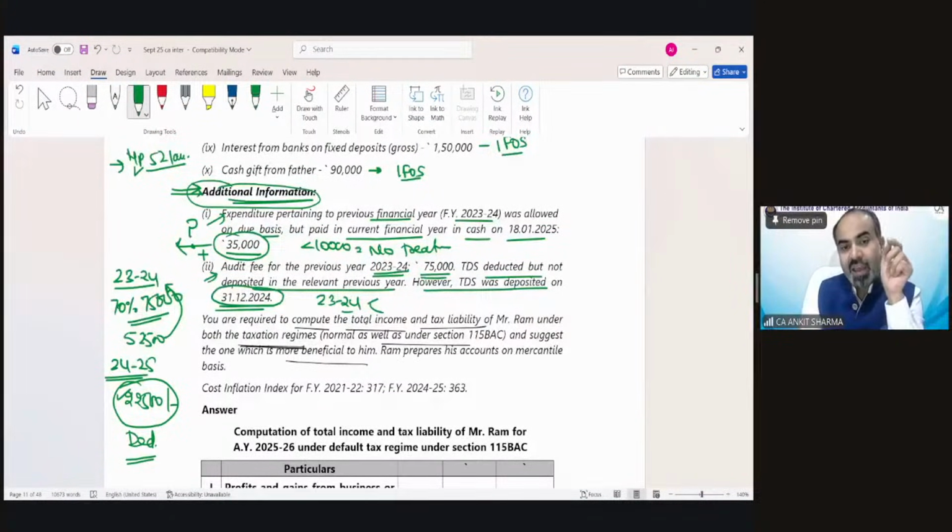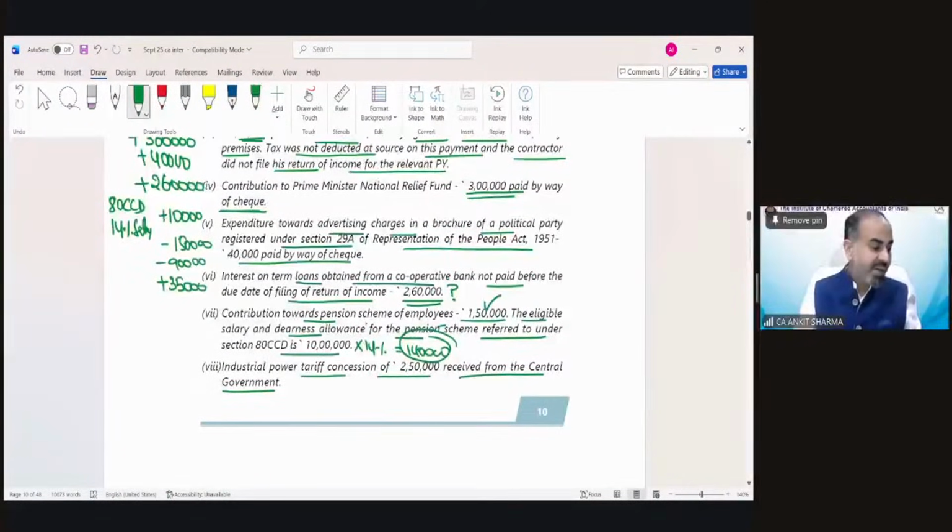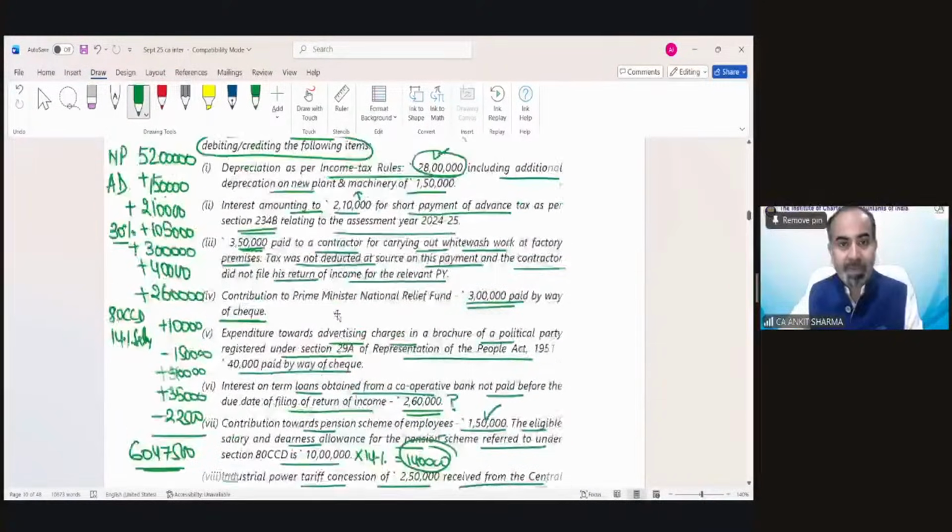So because it's a part of additional information, now we can claim this 22,500 as my extra expenditure. So 35,000 we have added back, and 22,500 we can claim as an expenditure. So after that, there would be profit 60,47,500. Understand?